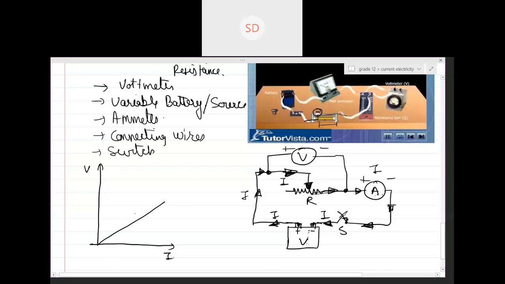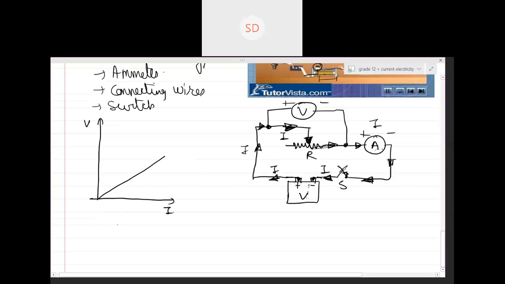So basically from here Ohm said that V and I are directly proportional. Okay, and he gave his law V equals IR. So basically R will be equal to V by I. So the slope.